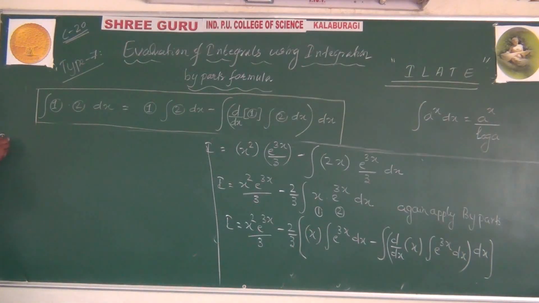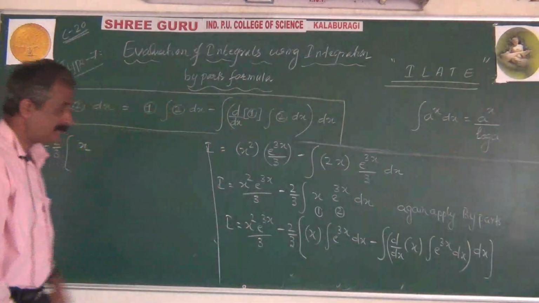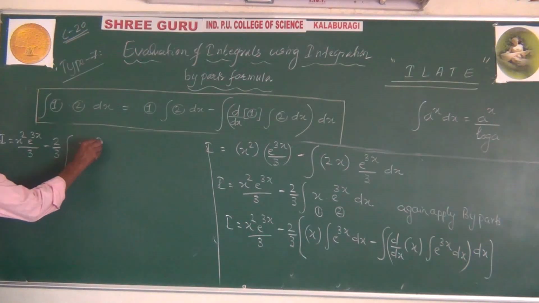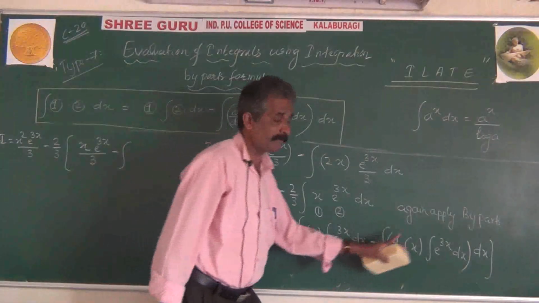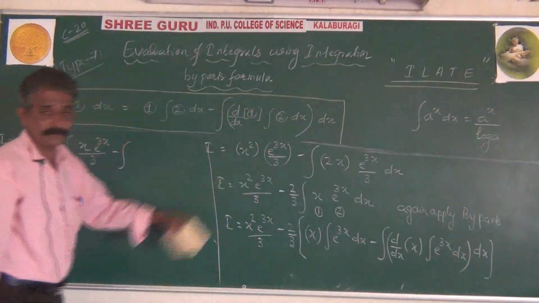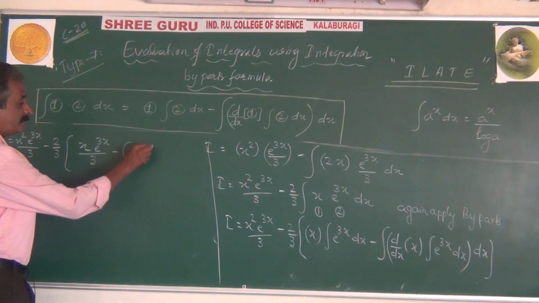Further, I equals x square e power 3x by 3 minus 2 by 3 into bracket x into e power 3x by 3, minus integration of differentiation of x, which is 1, into e power 3x by 3.